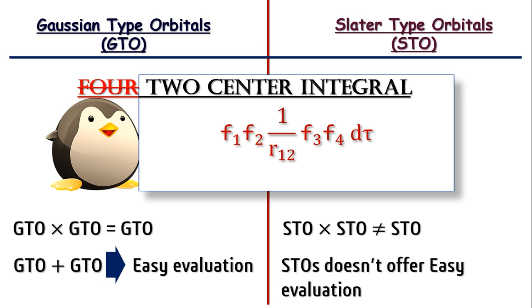The product of two STOs is not just another STO, and the complication to evaluate the integral of the product is actually multiplied while using STOs. So, in conclusion, I may quote one particular sentence from that famous paper.